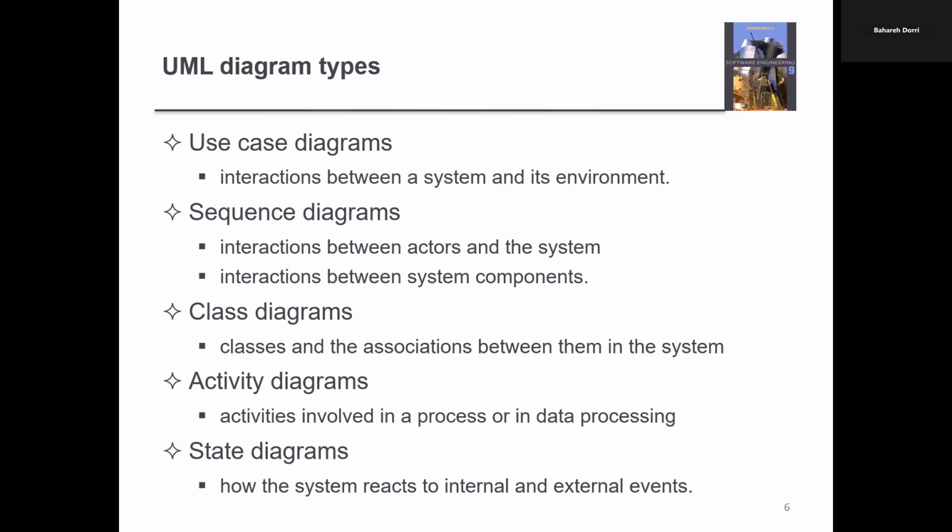These focus on how a system behaves in response to events. For example, when a user submits a form, what changes in the system? Does it move from an idle state to a processing state? These diagrams are great for modeling components that go through various states over time.